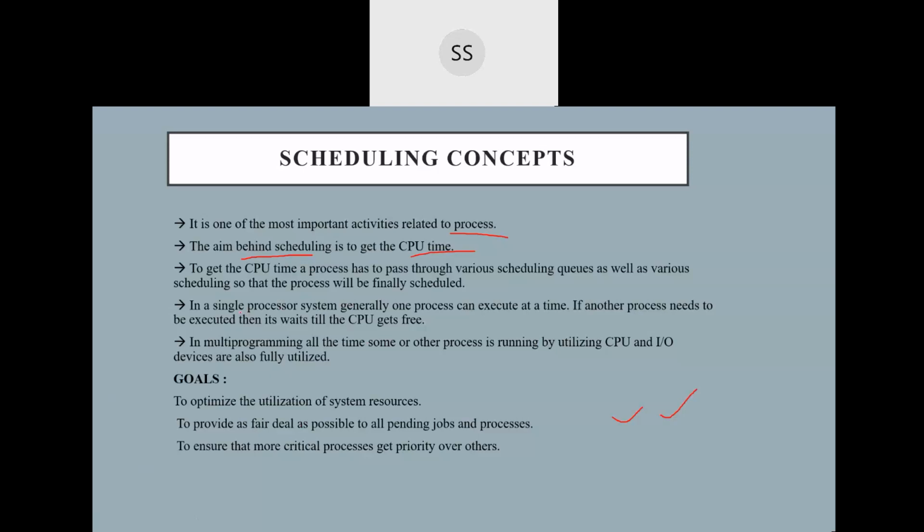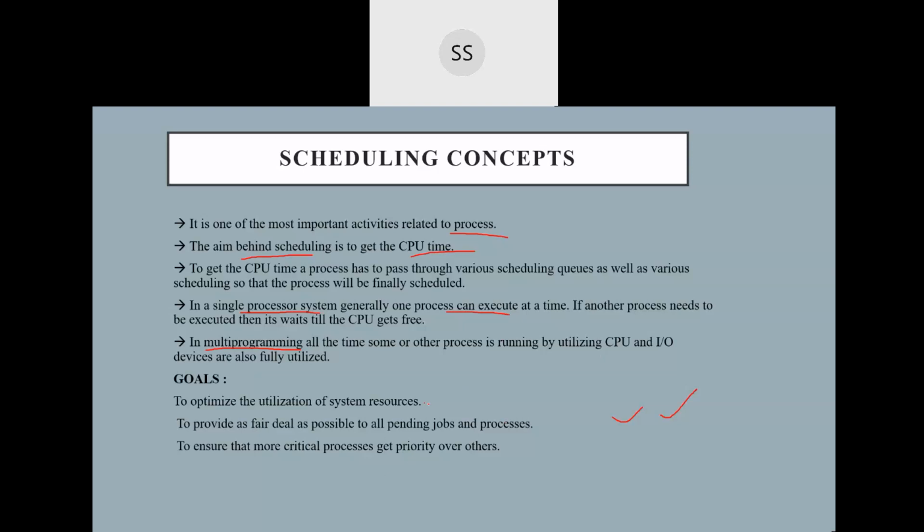There may be a single process system and a multiprogramming one. In a single process system, only one process can execute at one time, and at other times the CPU is free. Whereas in multiprocessing systems, processing keeps running all the time, utilizing all the IO devices and the processor. By using scheduling, we can utilize the resources maximally.